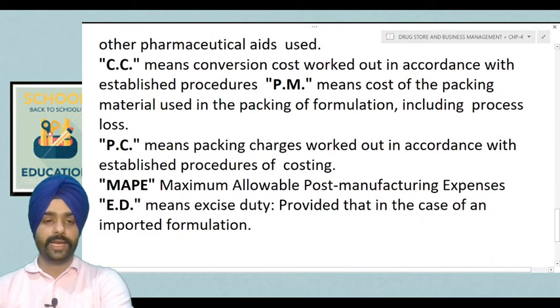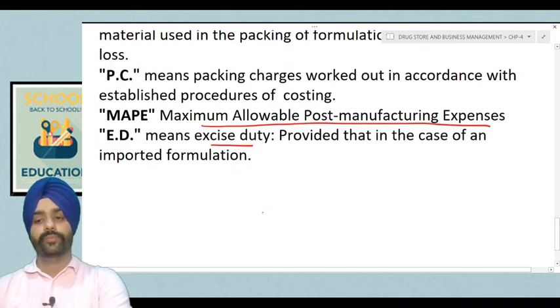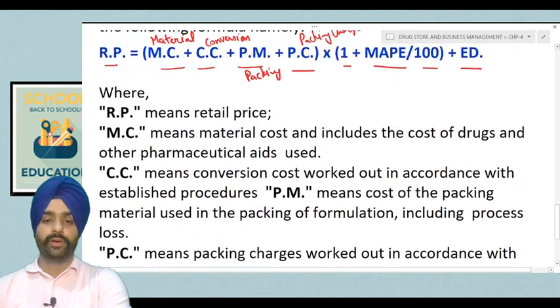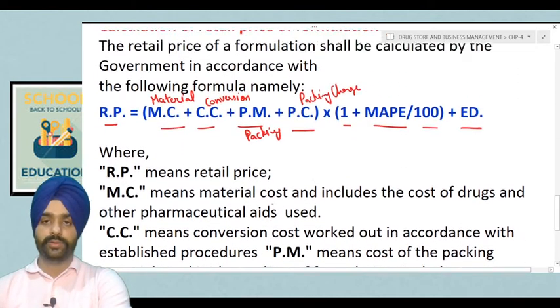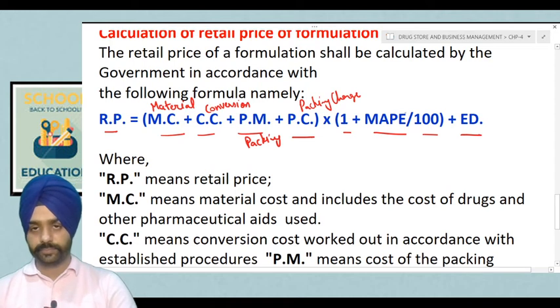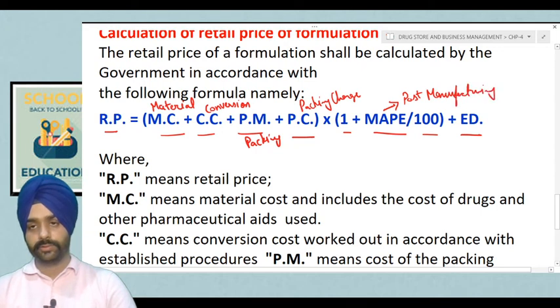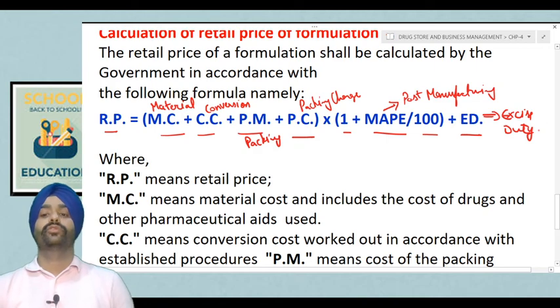MAPE refers to maximum allowable post manufacturing expenses, which are calculated by the manufacturer, and ED means excise duty. ED is only for imported products. So students, this is how we calculate the retail price of a formulation.